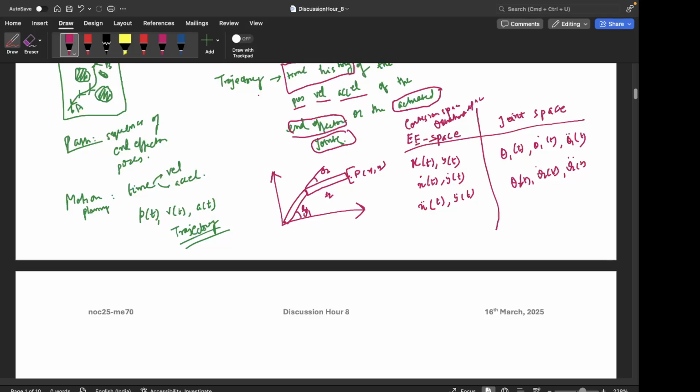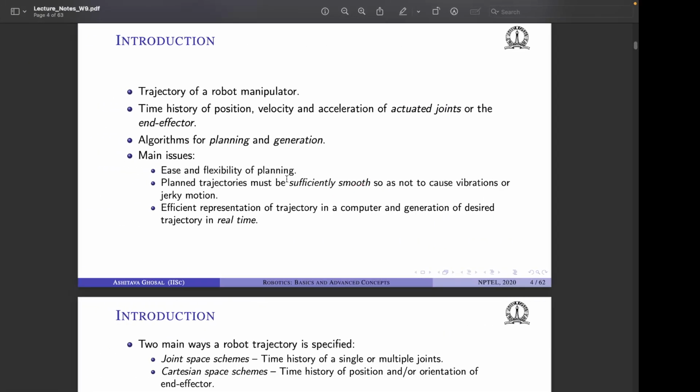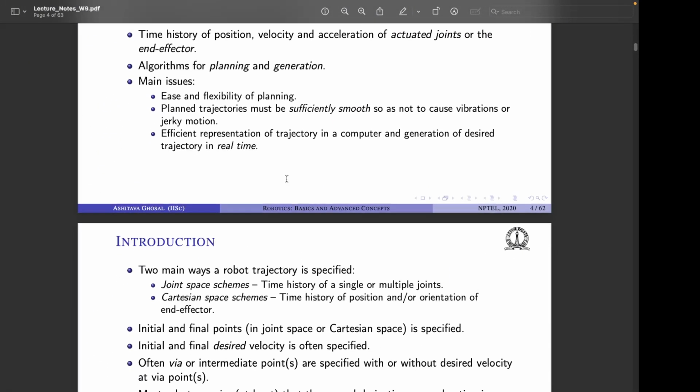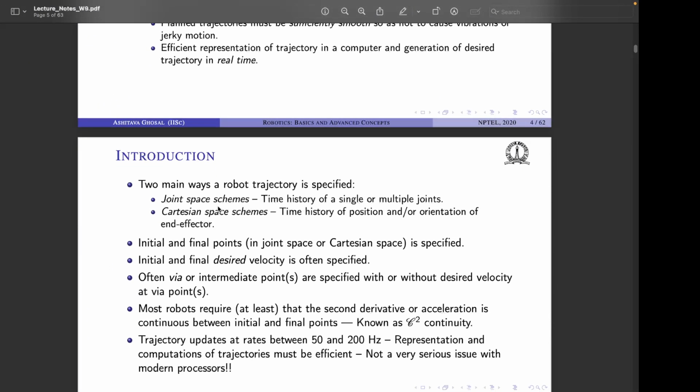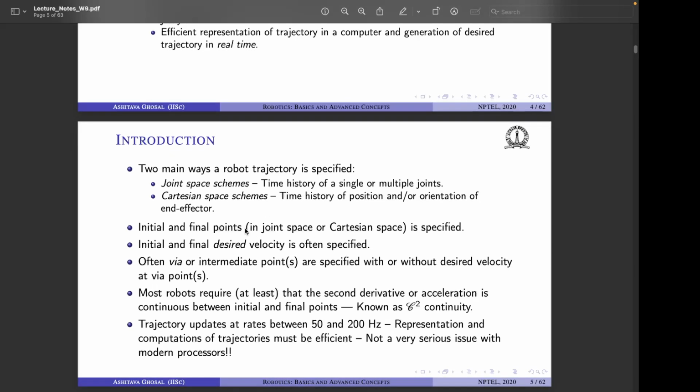So this is joint space schemes. These are time histories of single or multiple joints, and then we have the Cartesian space or the end effector space schemes, in which we have time history of position and orientation of the end effector, right?